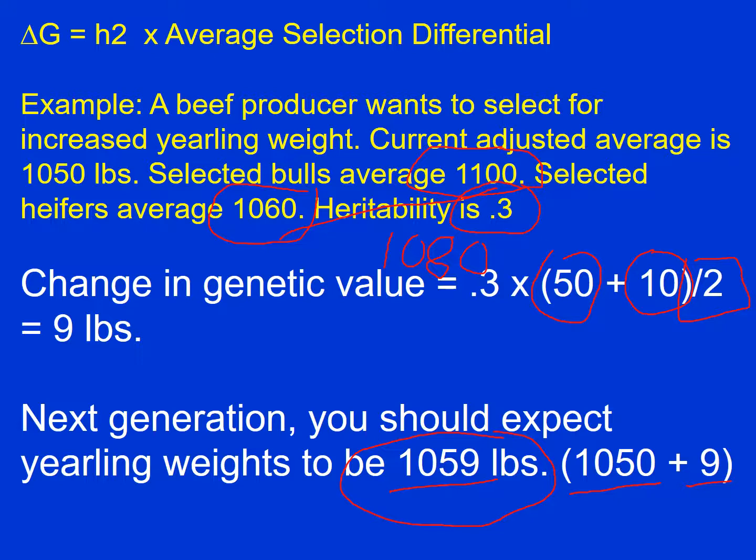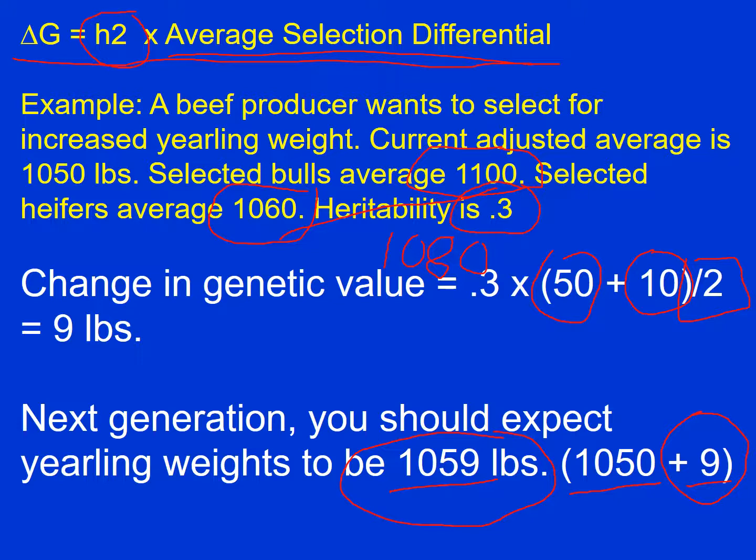So again, as far as predicting genetic change, it's the heritability, and that's only 30% in this case, times the average selection differential. So our genetic change was plus 9 pounds.